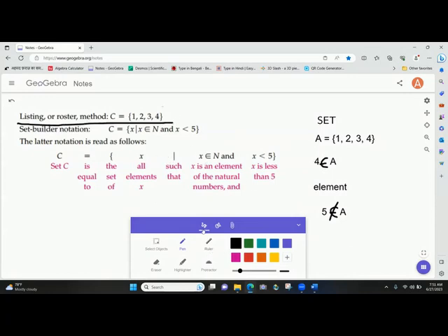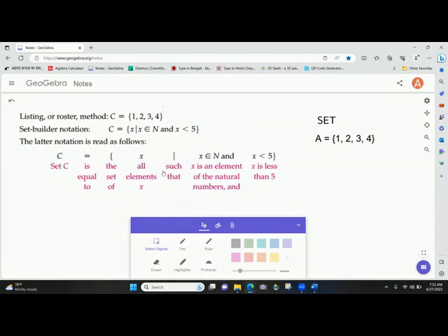This is one way we describe sets. It's called the roster method or the listing method. There's another way. This is called the set builder notation. So what does that mean? Set C. Here they're describing it nicely. This is just a piece of a screen capture of your text from section 2.2.